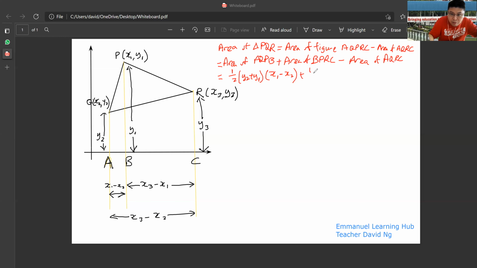Plus BPRC, half y1 plus y3 times x3 minus x1. Then minus AQRC, minus half y2 plus y3 times x3 minus x2.